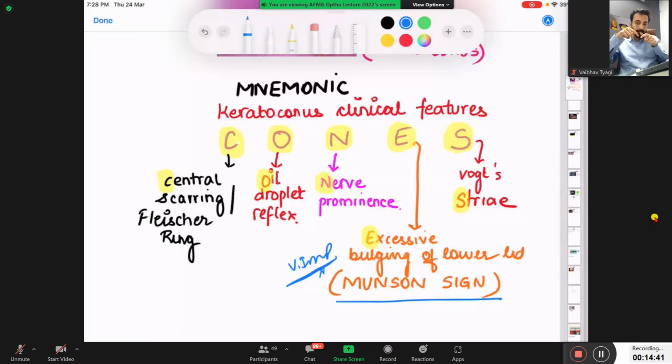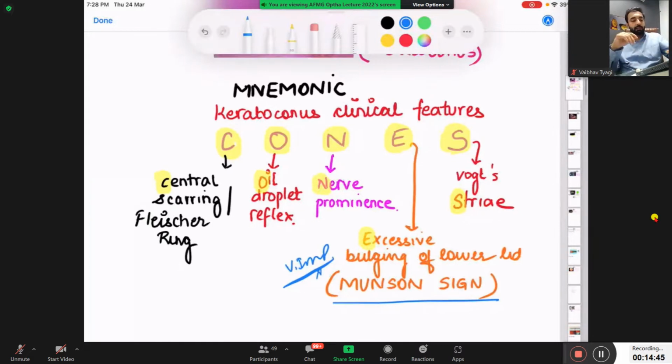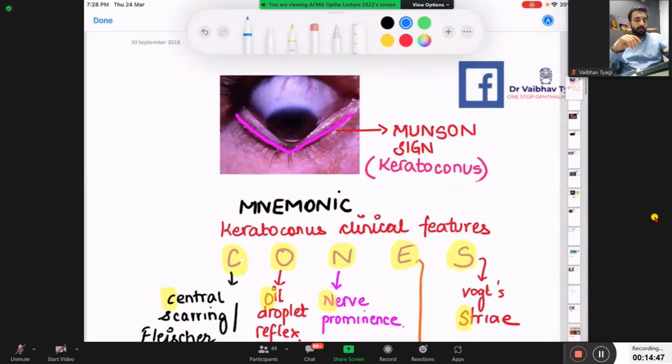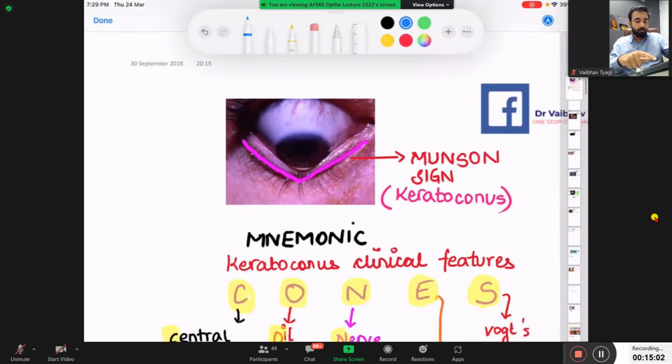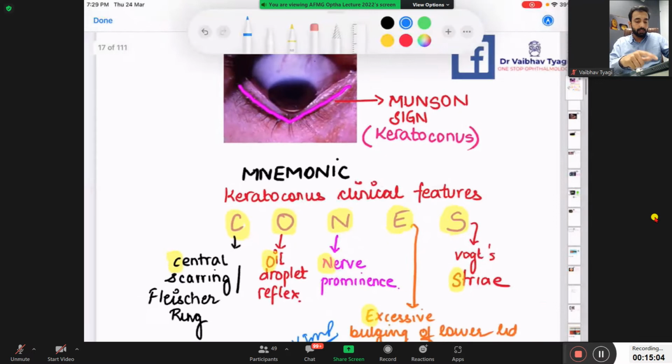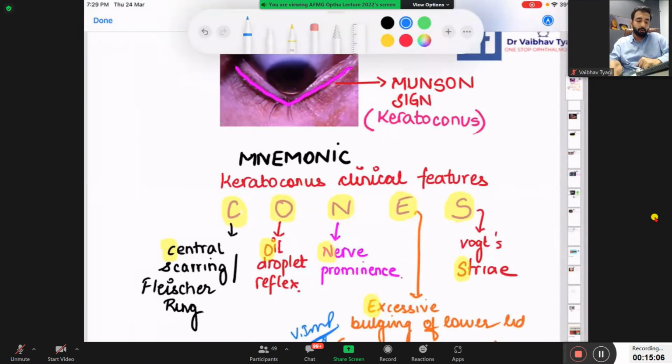This sign is called as Munson sign, and this is how it looks like. In a conical cornea, if you ask the patient to look in the downward gaze position, there will be a V-shaped conformation or excessive bulging of the lower eyelid. This sign is a typical finding of keratoconus known as Munson sign. Very, very important.